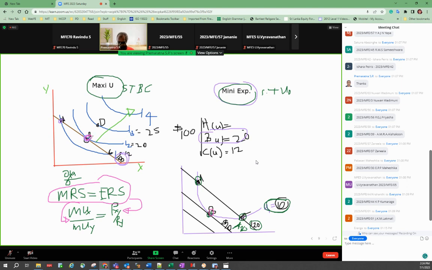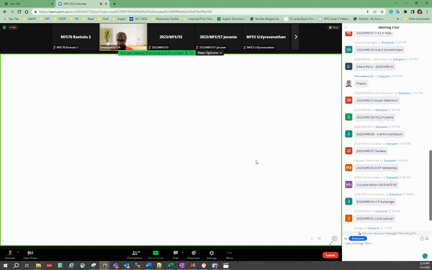Now look at, I give a very simple example. The exam also comes with an example like that. Let's say the utility function is like this. You got a utility function like this.